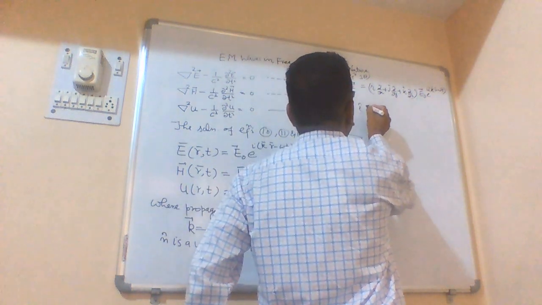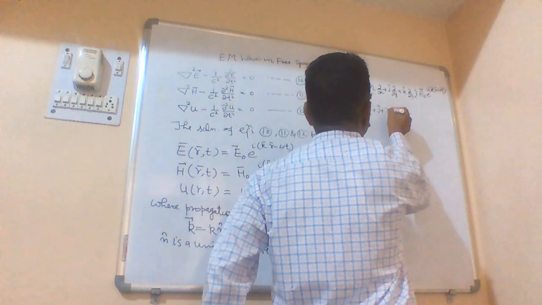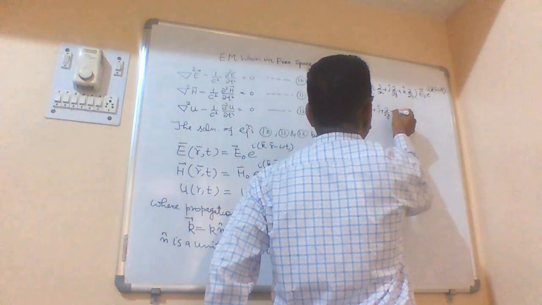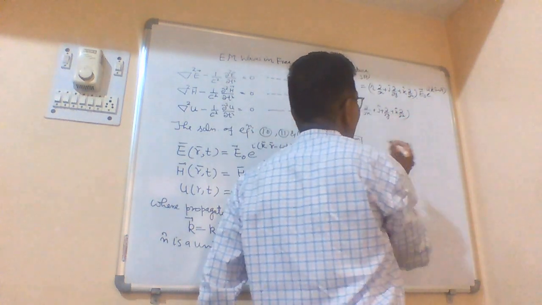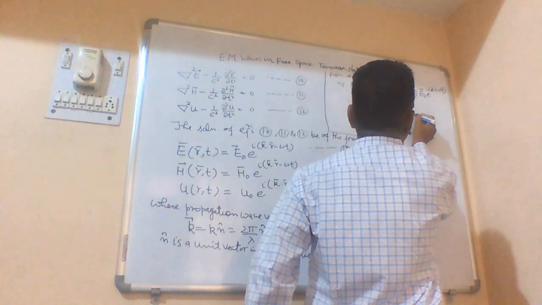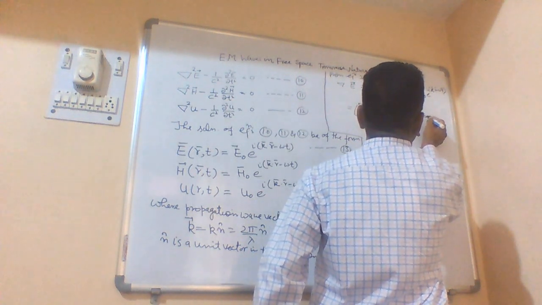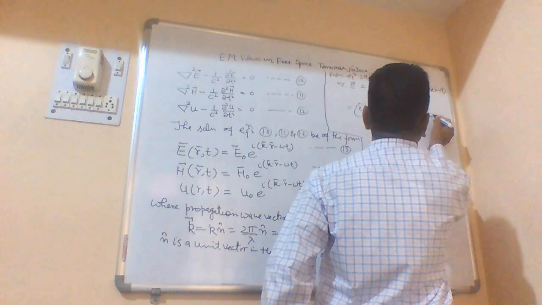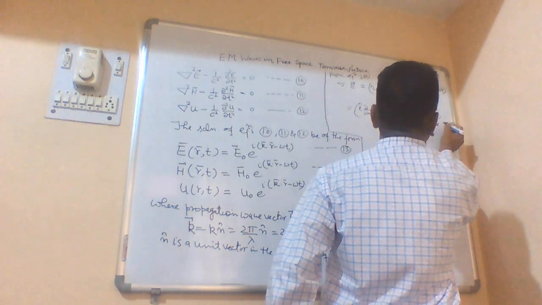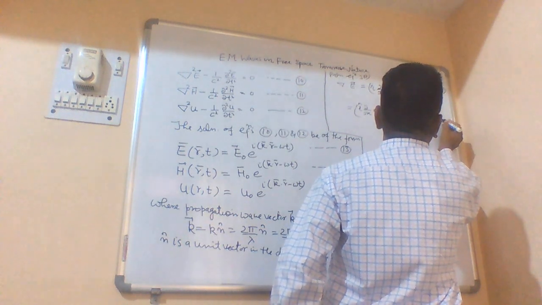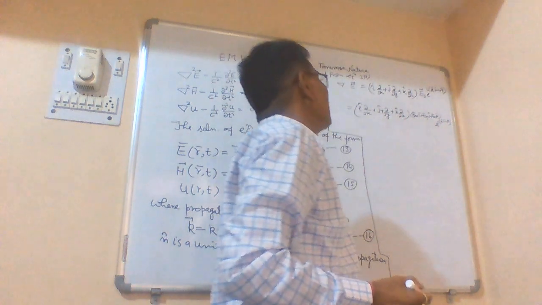i delta upon delta x, j delta upon delta y, k delta upon delta z dot E0x i plus E0y j plus E0z k e raised to the power i (k dot r minus omega t).